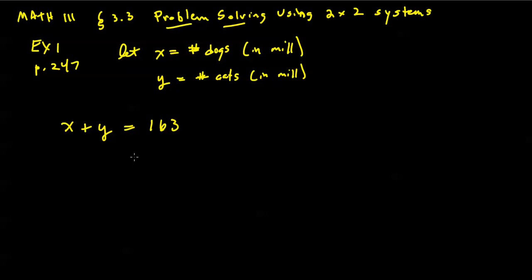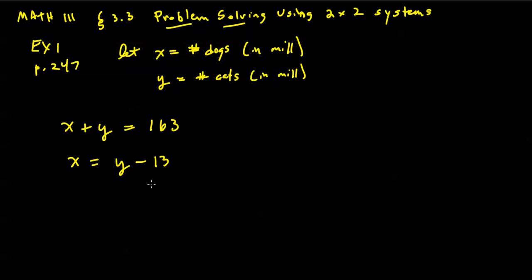Alright, now we're given a second bit of information here. It says the number of dogs was 13 million less than the number of cats. So I'm going to say the number of dogs is 13 million less than the number of cats.